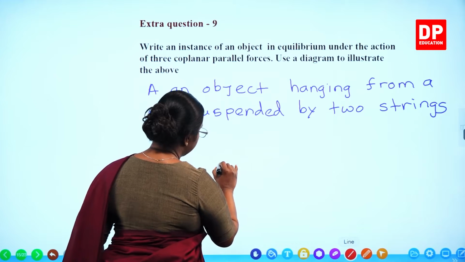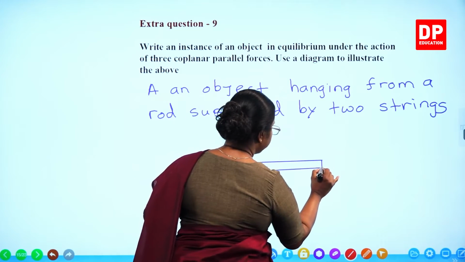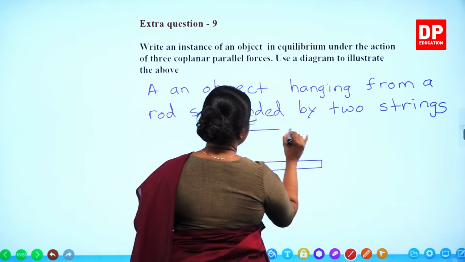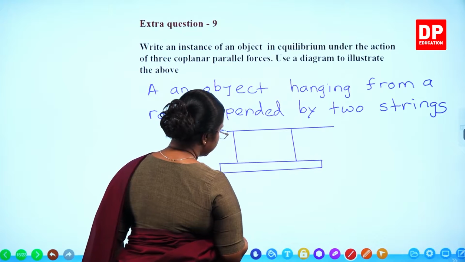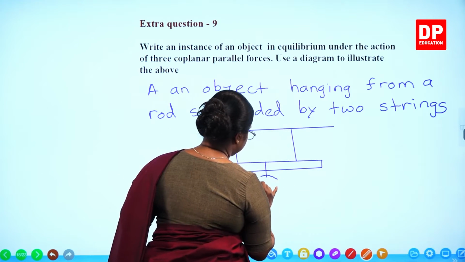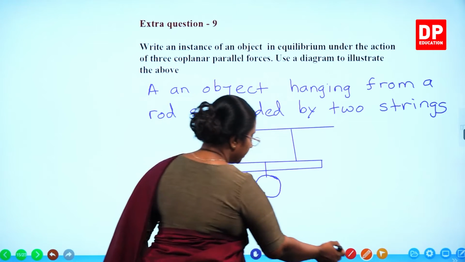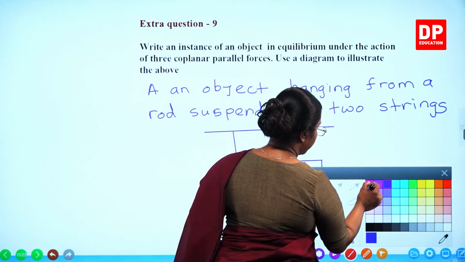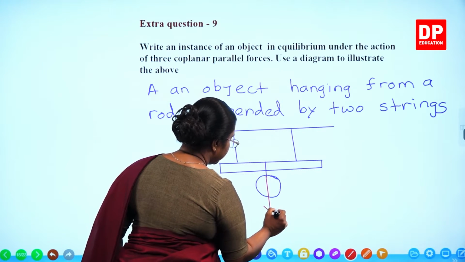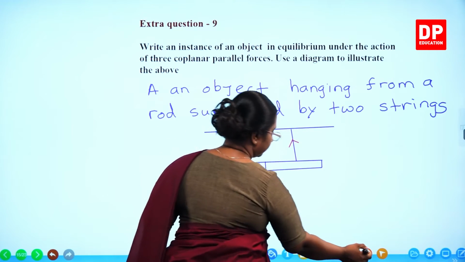So to draw the diagram, if this is the rod, it's hanging from two strings and that is the surface, and from that an object is hanging. So here if we denote the forces, this is the weight of the object and the tension.